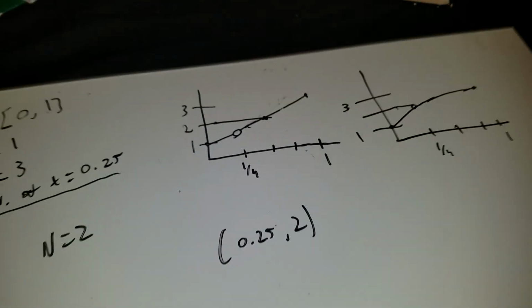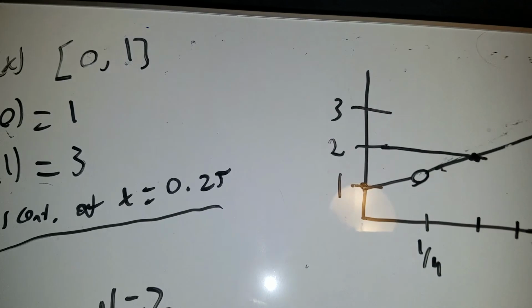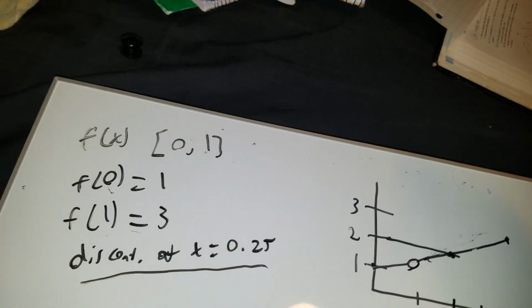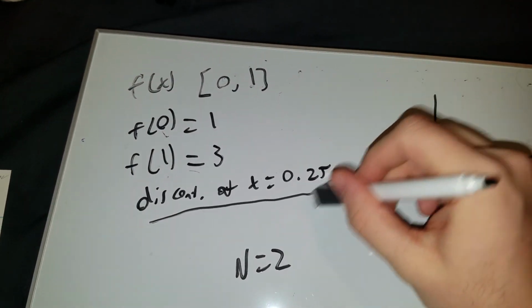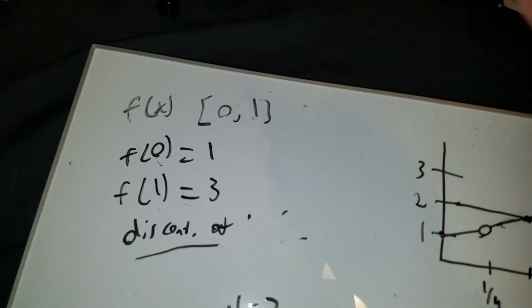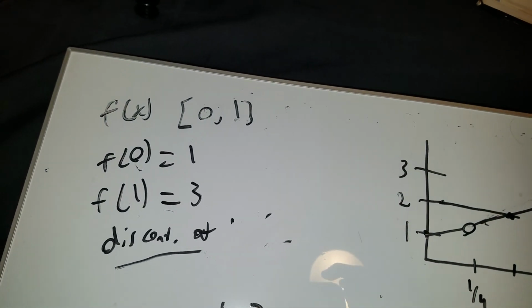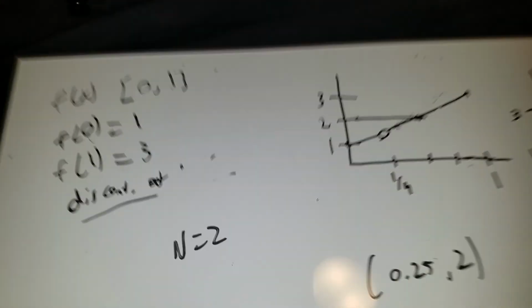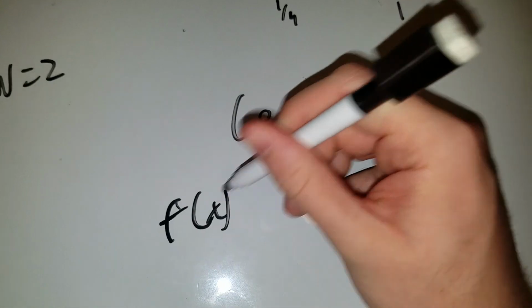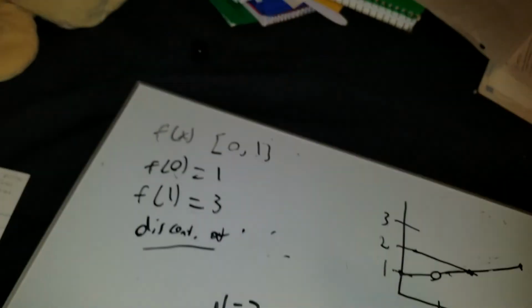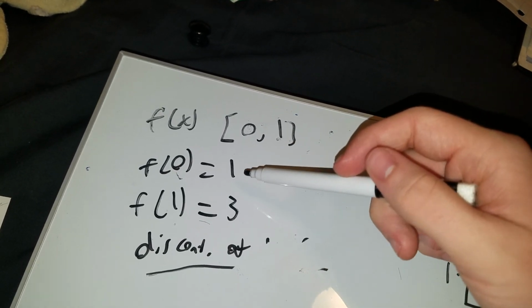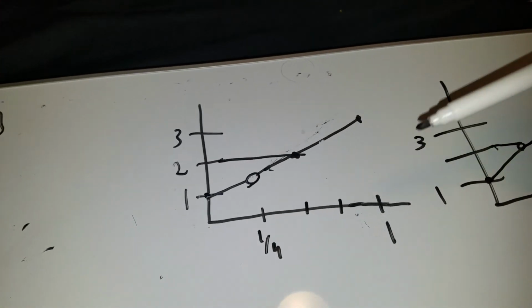But with IVT, you basically want to prove. So for example, if it just told us that it's continuous from 0 to 1, without the discontinuity at 0.25, then you can say that by IVT there exists a point on f of x where y equals 2, because since it's continuous, in order to get from 1 to 3, you have to go through 2.